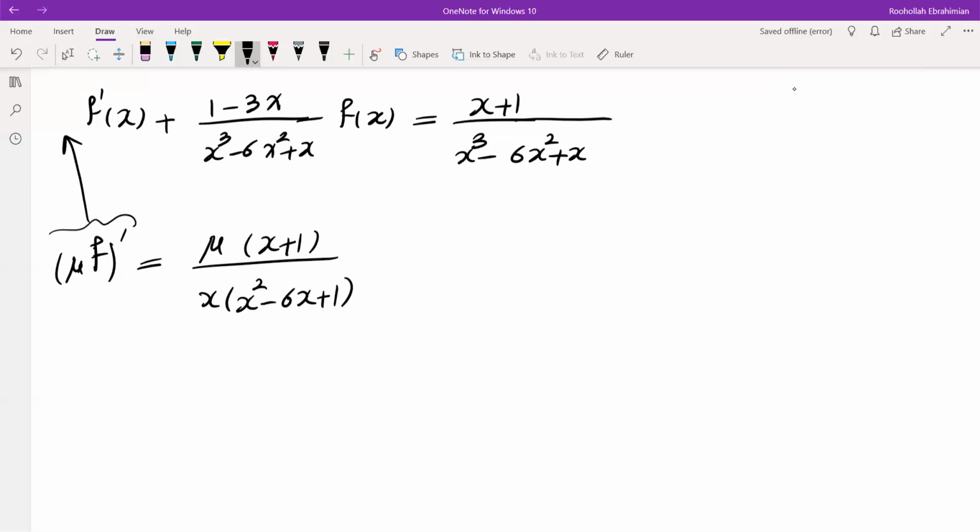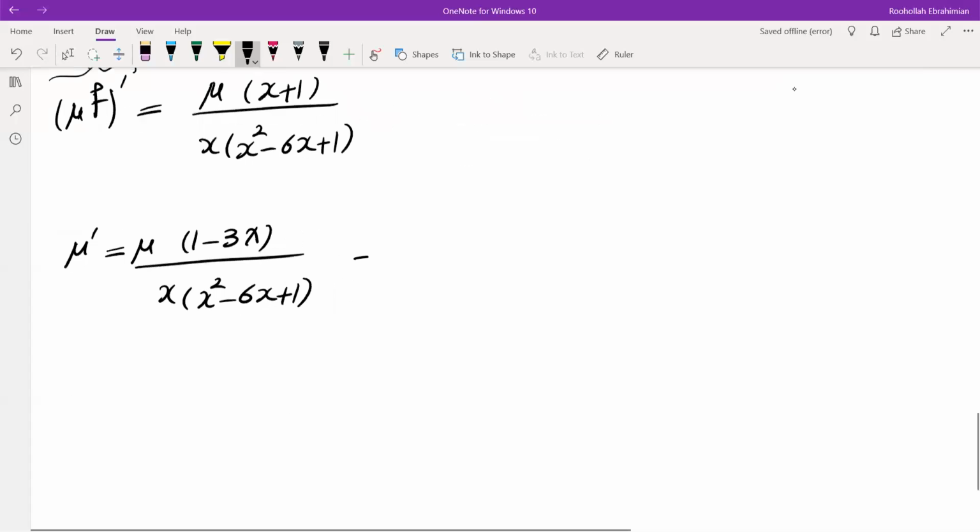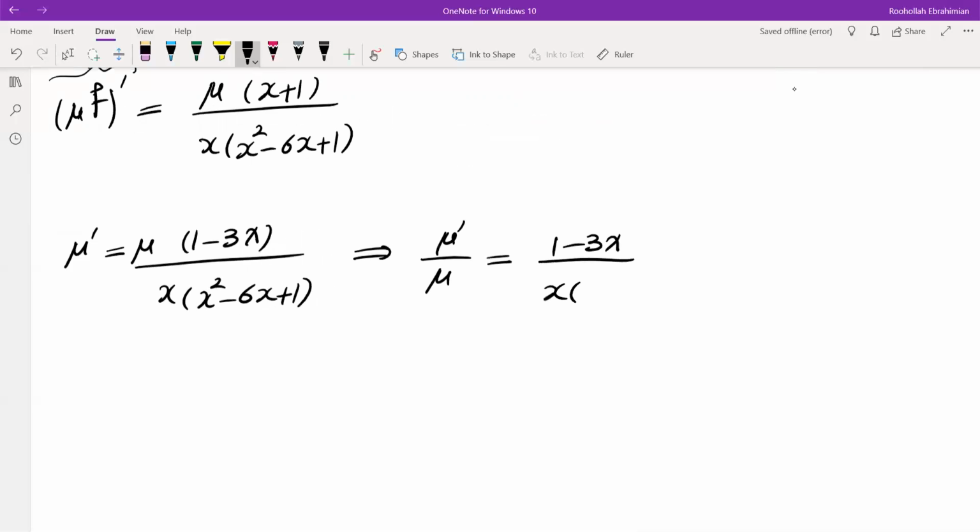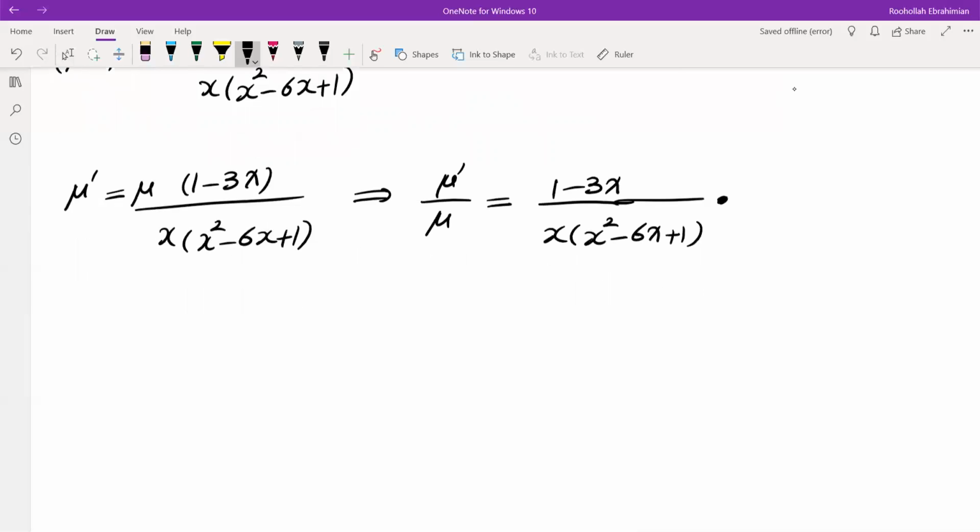So what that means is that mu prime must be mu times 1 minus 3x over x times x squared minus 6x plus 1. So this gives you mu prime over mu equals 1 minus 3x over x times x squared minus 6x plus 1. So I need to be able to integrate the right-hand side. So that's what I need to do.